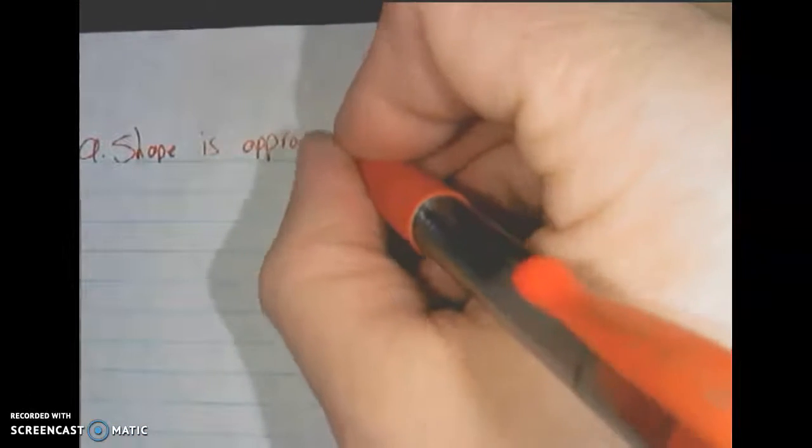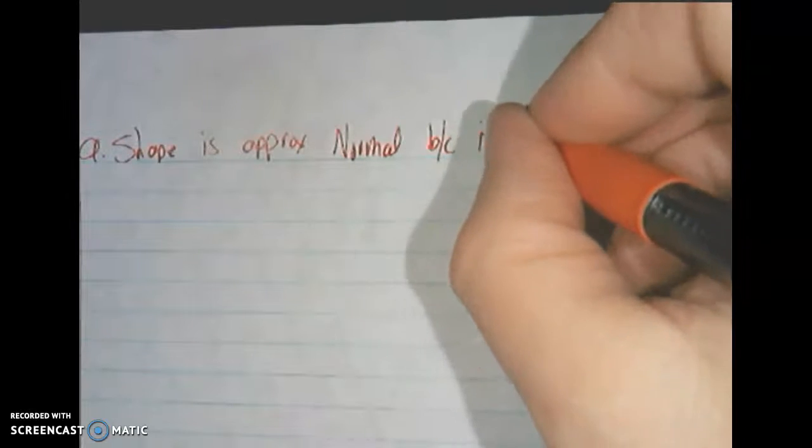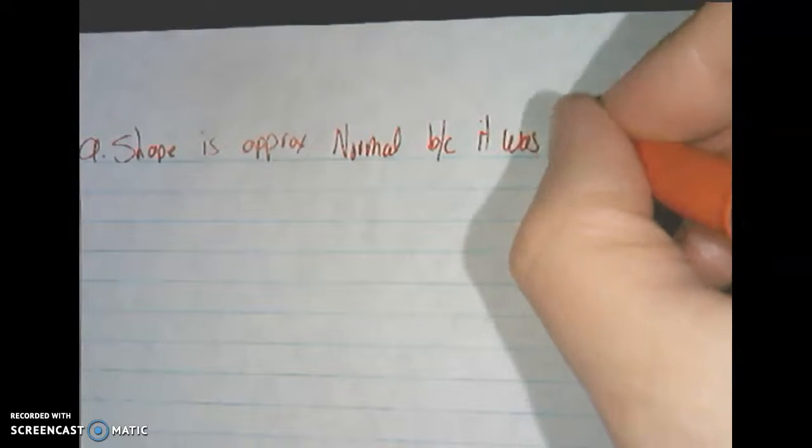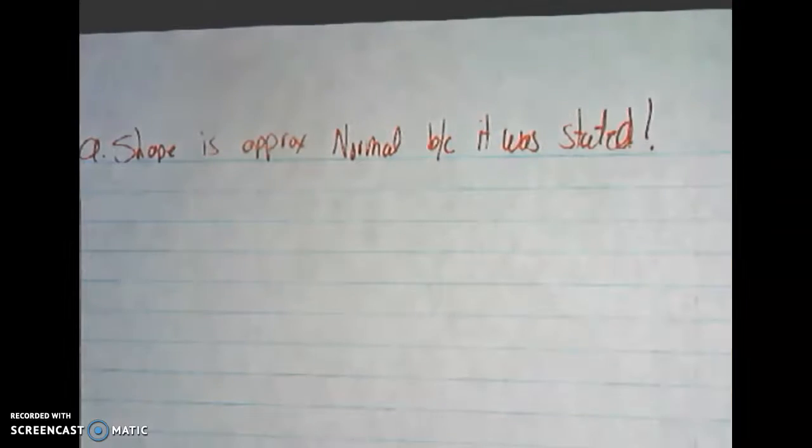How do we know what shape it is? The shape is approximately normal because it was stated. I like that one. That one was easy. Okay.